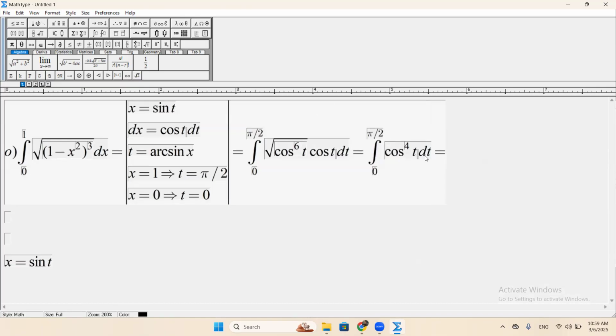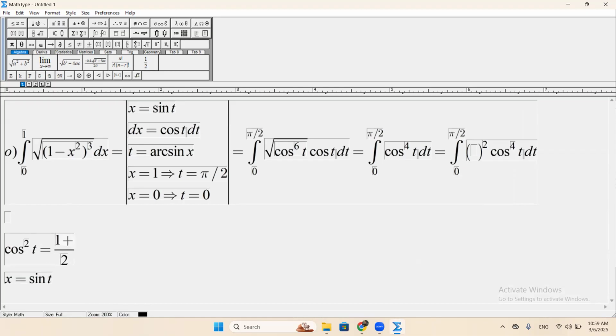Let me remind you that cosine squared of t equals 1 plus cosine of 2t, divided by 2.